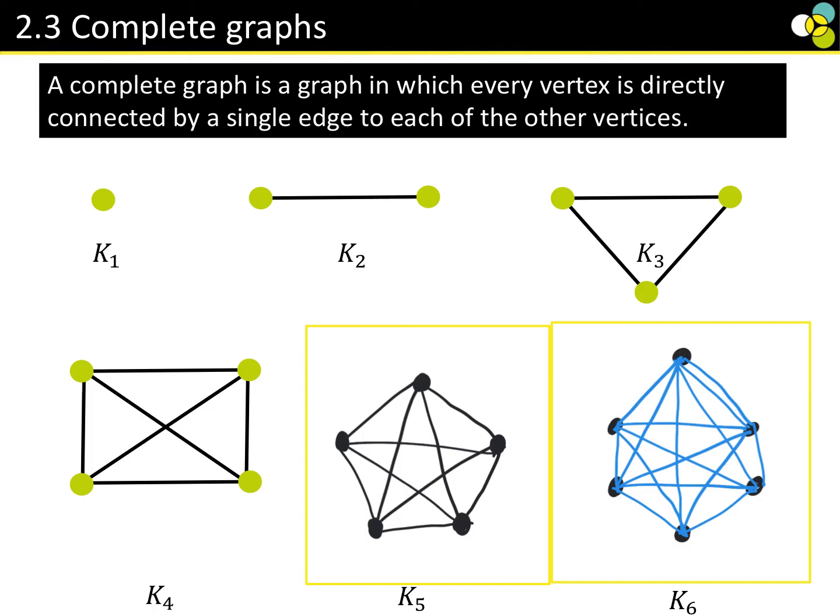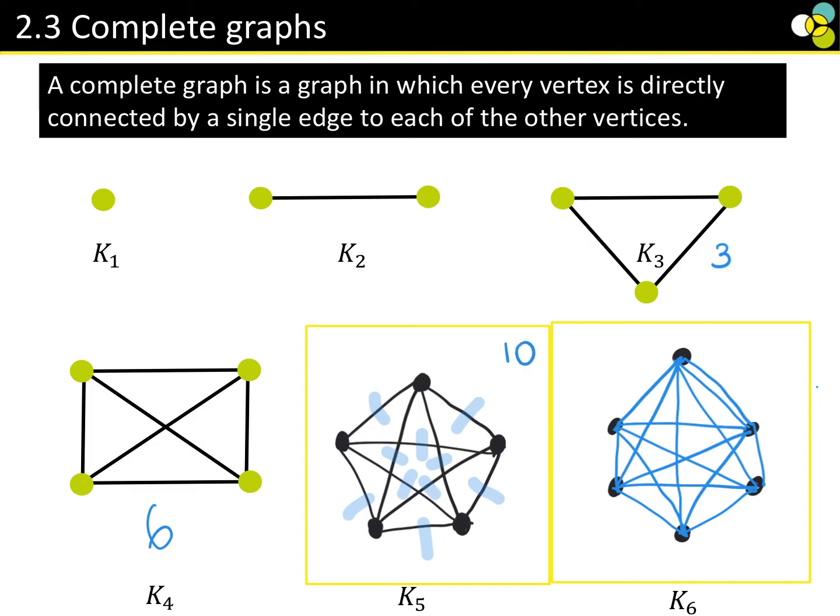If we have a look, for 3 vertices we need 3 arcs. For 4 vertices we need 1, 2, 3, 4, 5, 6 arcs. For 5 vertices we need 1, 2, 3, 4, 5, 6, 7, 8, 9, 10.